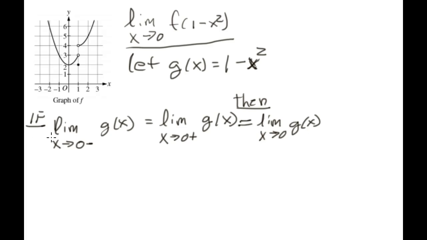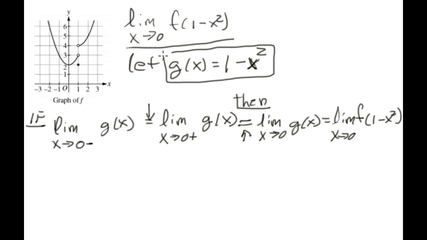So if the left-hand limit and the right-hand limit agree, so if we can get that equal sign, then this equal sign must be true, which means that the limit in turn as x approaches 0 of f of 1 minus x squared has to be equal to this, because this is how we defined g.